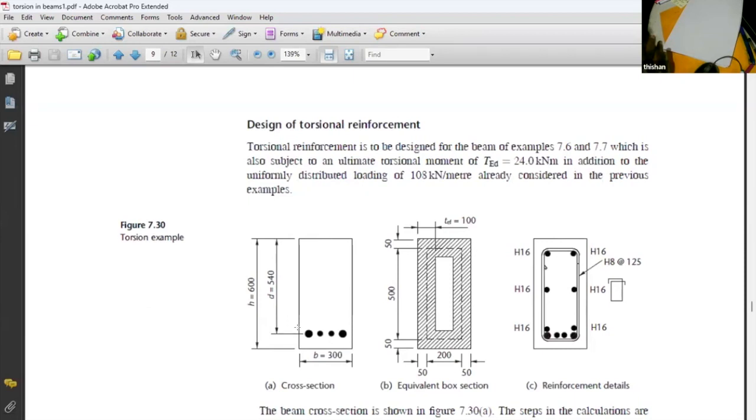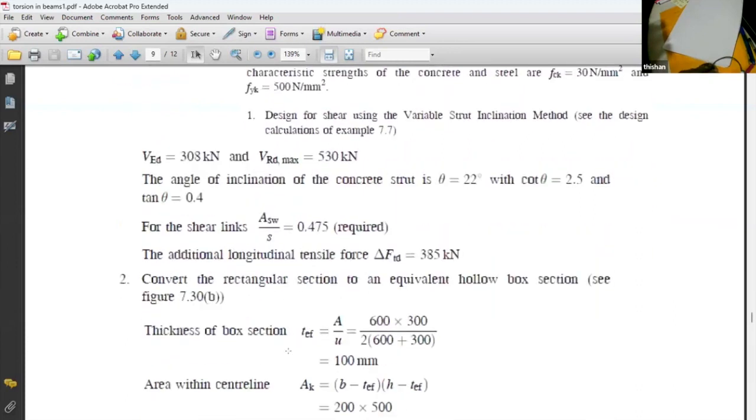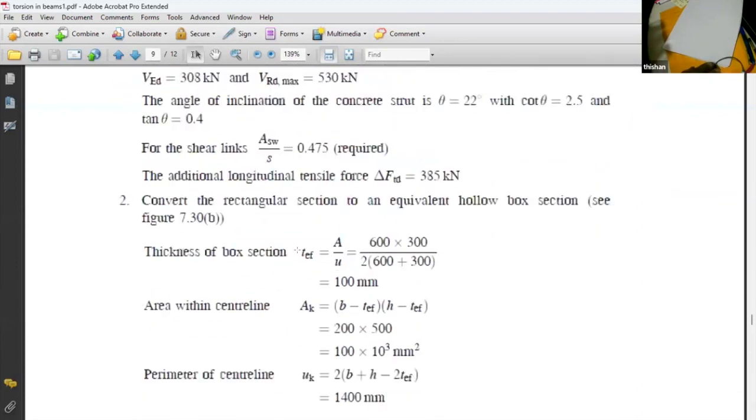To see whether this torsion can be taken, the first step is to convert this rectangular section to a form that we can use in calculations. For that, the guideline is given in the code, which says the effective thickness is the area of the section divided by the perimeter.